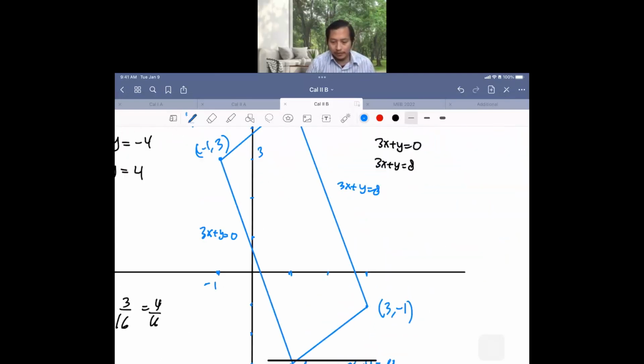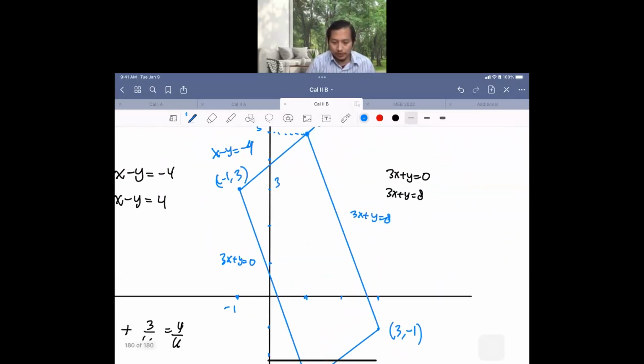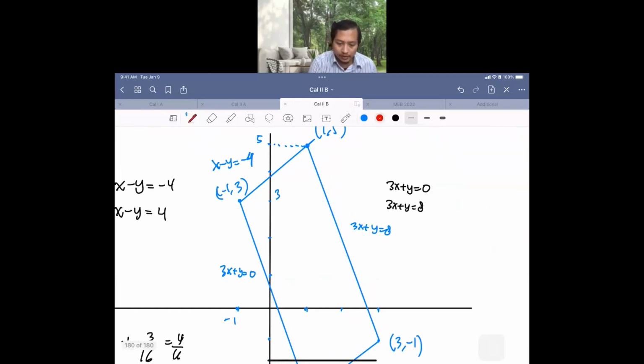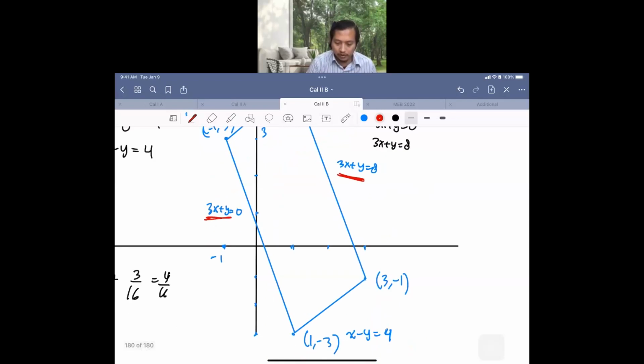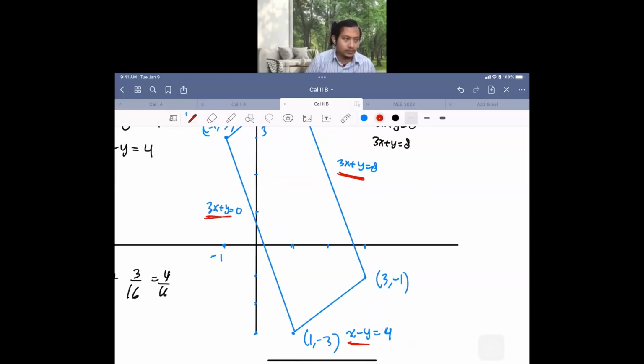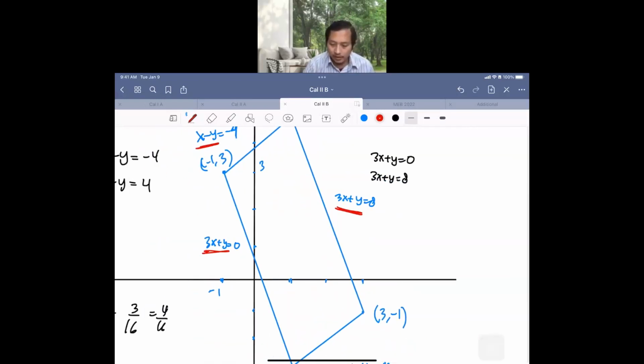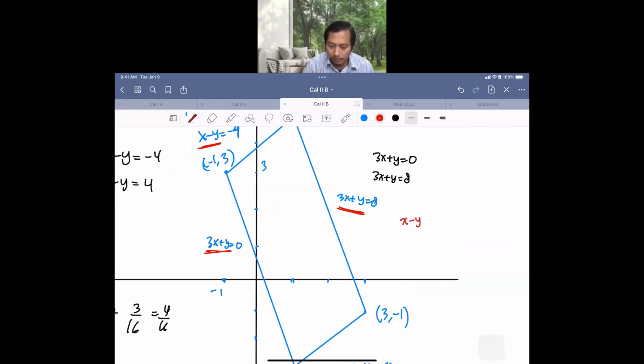Next, since we already have the pattern, if we look at what we have here, x minus y, 3x plus y, 3x plus y, x minus y, right? So we could take x minus y as u, and 3x plus y as v.